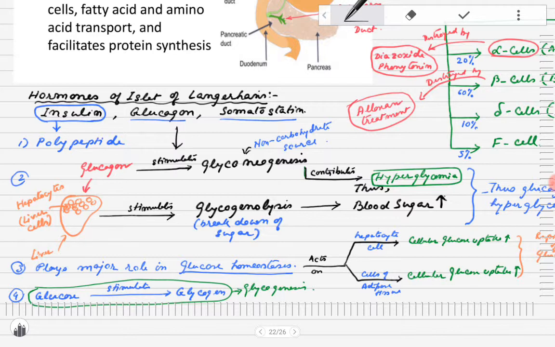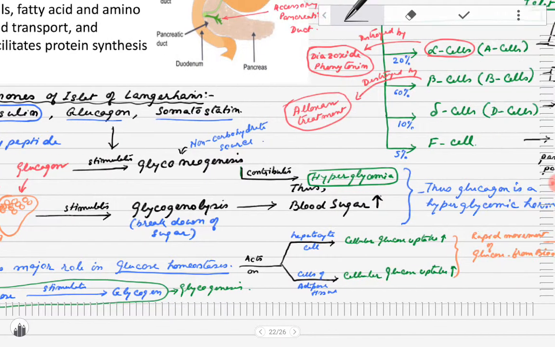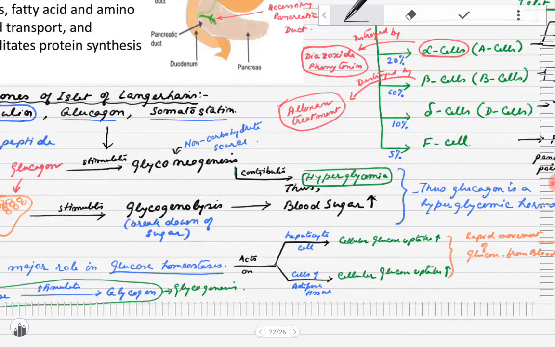So insulin acts on the hepatocyte cell to increase the cellular glucose uptake, and it acts on cells of adipose tissues.